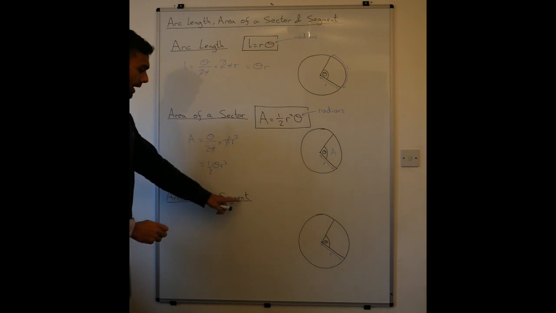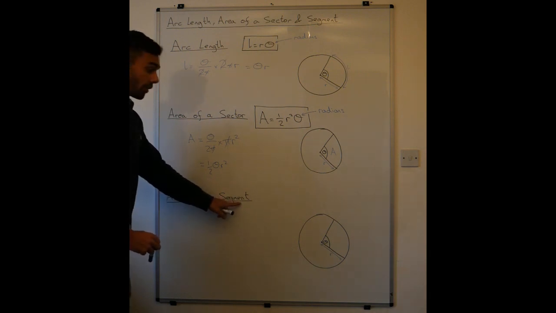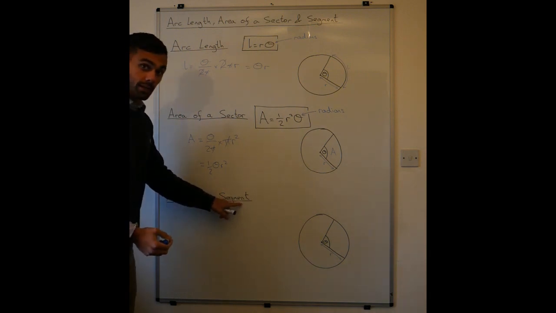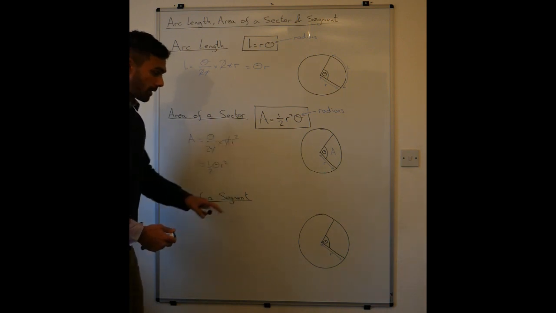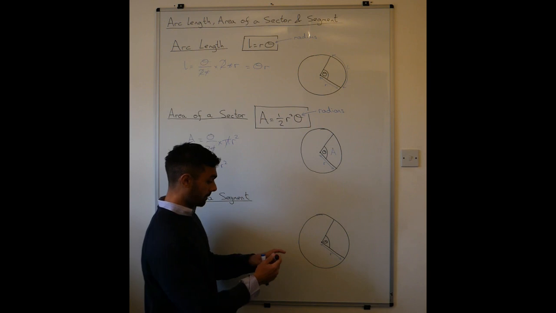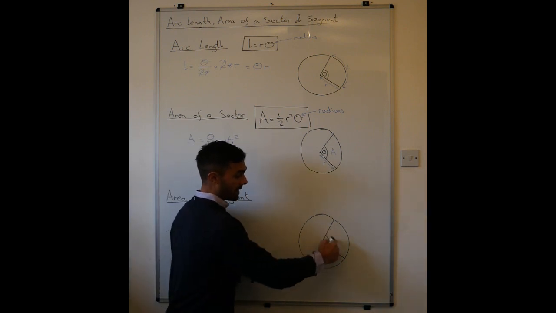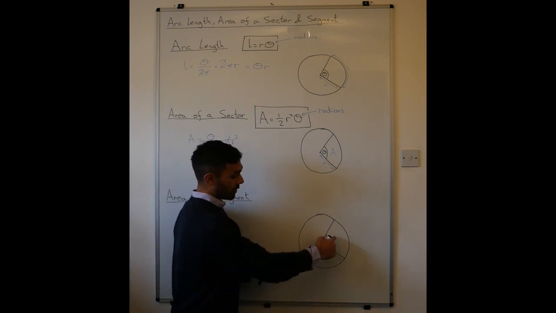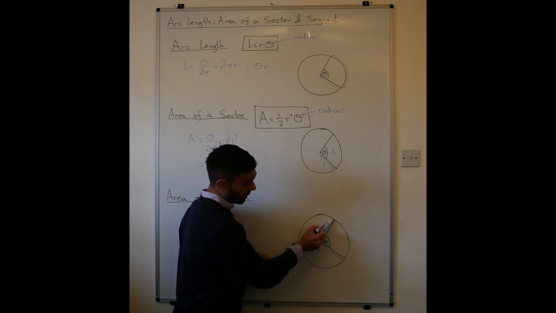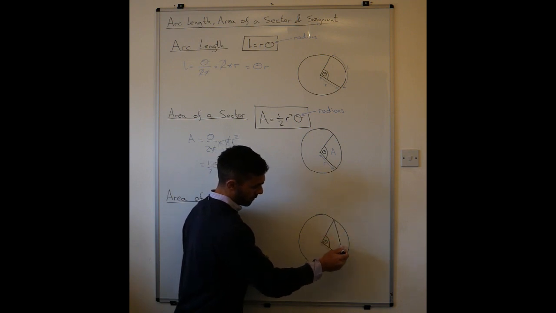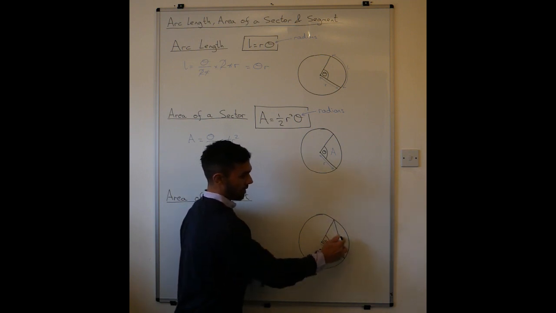Finally, how do you work out the area of a segment? Right, firstly, it's important to make a distinction between what a segment is and what a sector is. So in my diagram down here, let's have a quick look. I've got a sector here clearly drawn, this pizza slice. If I were to draw a chord from this point to this point, like so, then this little bit on the edge is your segment.